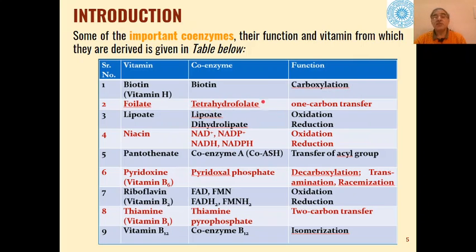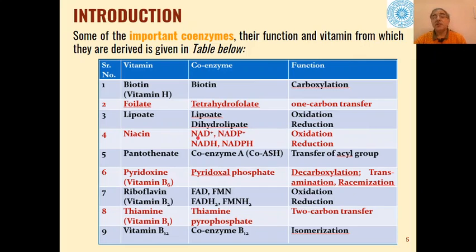Similarly, if the coenzyme is tetrahydrofolate, then the vitamin is folate, and the reaction which will take place is one carbon transfer. So they will catalyze one carbon transfer reactions as a coenzyme. Then if the vitamin is lipoate, the coenzyme can be lipoate and dihydrolipoate. If the coenzyme is lipoate, then this will catalyze oxidation reactions. If it is dihydrolipoate, then it will catalyze reduction reactions.